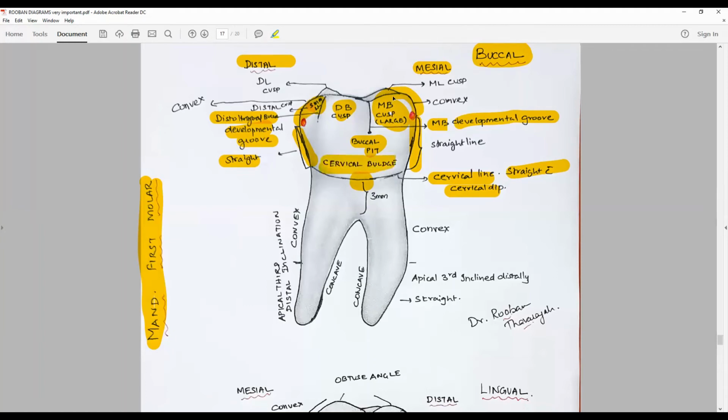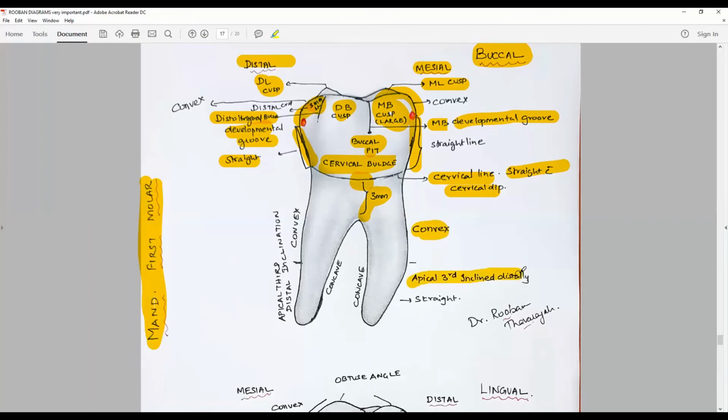Then we can see part of the mesiolingual cusp and the distolingual cusp, because the mesiobuccal and distobuccal cusps are slightly smaller than these. So we see these two entities. Then going to the root, the root trunk is about 3 mm in height, and we have two prominent roots, the mesial root and the distal root. The mesial root surface along the mesial line is convex till the middle.